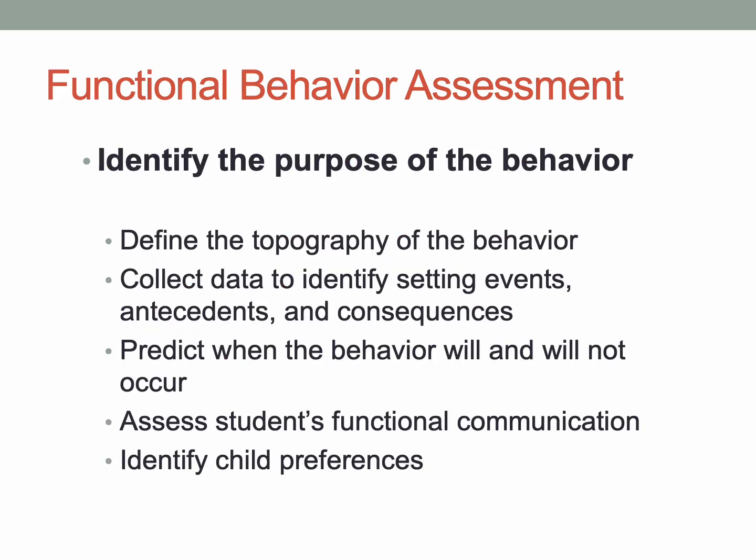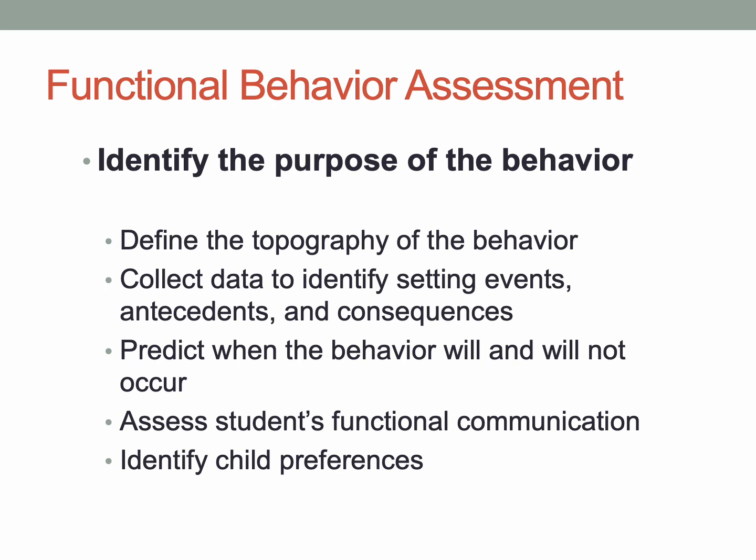The main purpose of doing FBA is to identify the purpose of behaviors, and it will help us to design appropriate intervention for the individual. By doing FBA, you can define the topography of the behavior, meaning the form of behavior, how the behavior looks like. You can also collect data to identify setting events, antecedents, and consequences of the behavior.